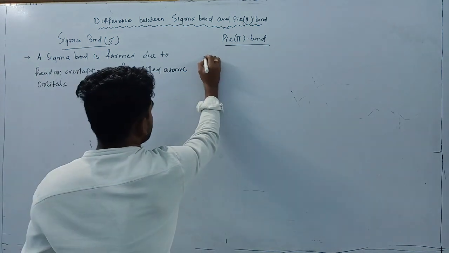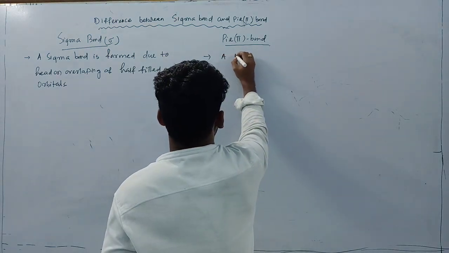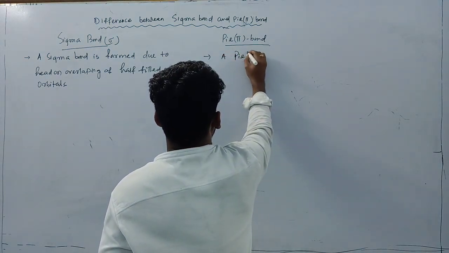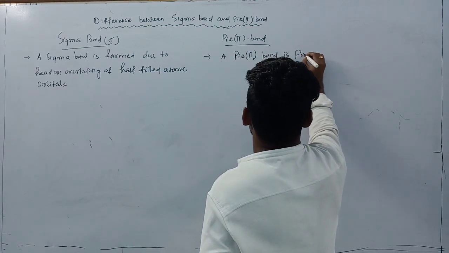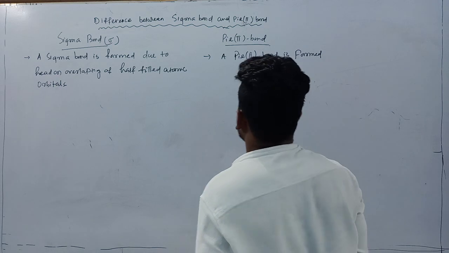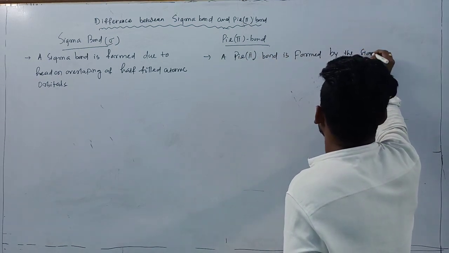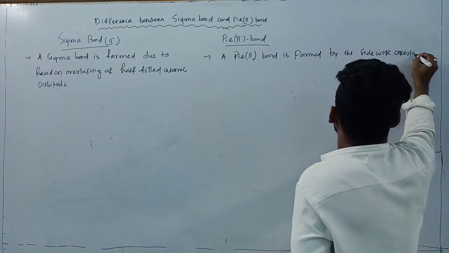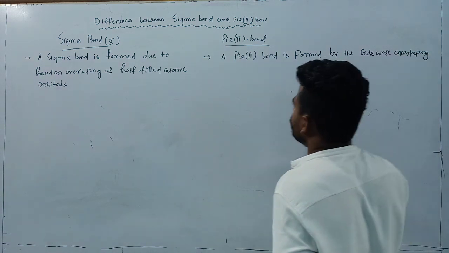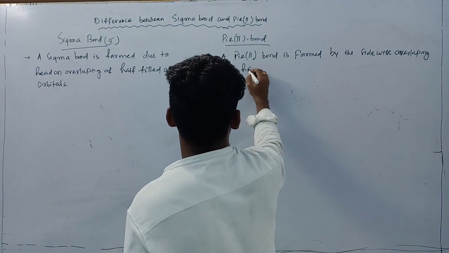And a pi bond is formed by the sidewise overlapping of half-filled atomic orbitals.